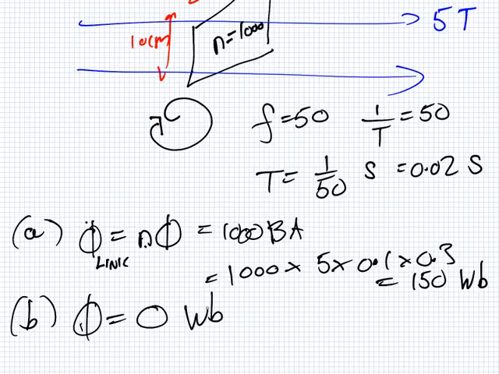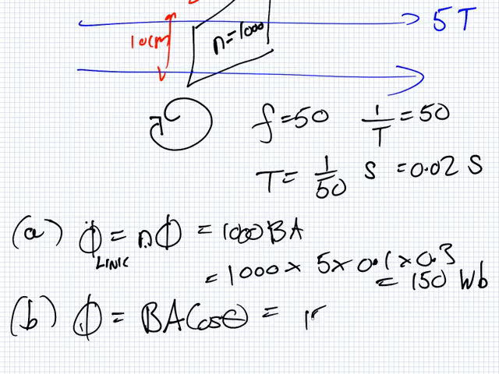But the other way to do it is by using the formula I gave you, which was BA. Now remember, it's the angle between the normal and the field. So remember the formula is cos theta. If I increase the angle by 90 degrees, what's cos 90?